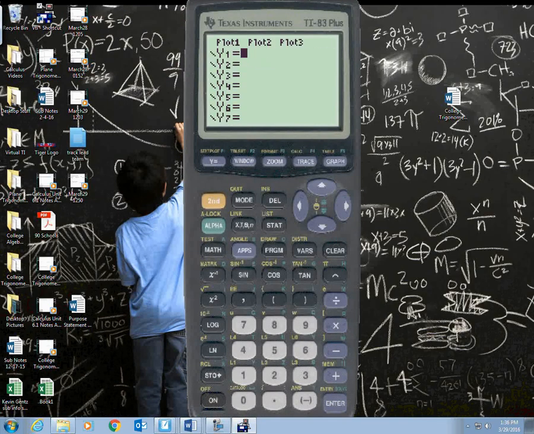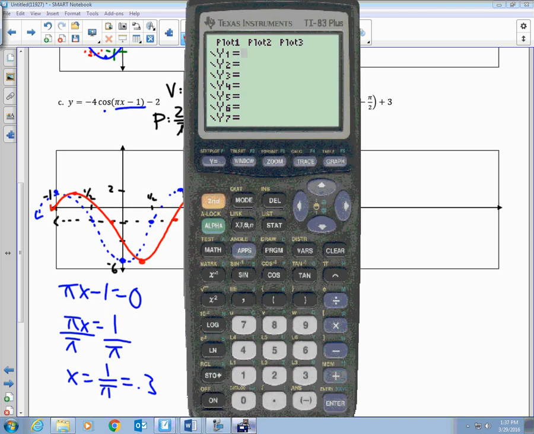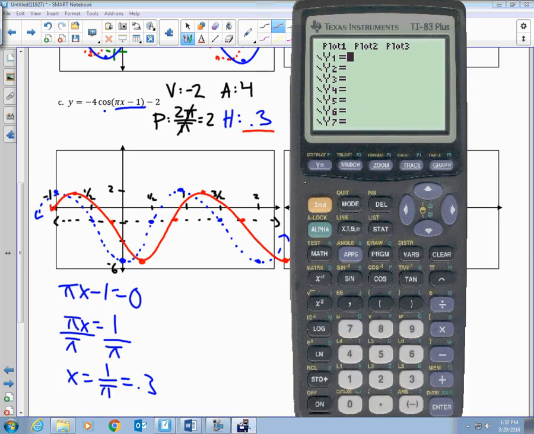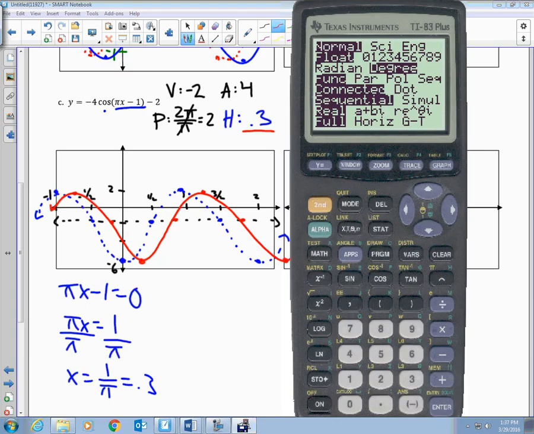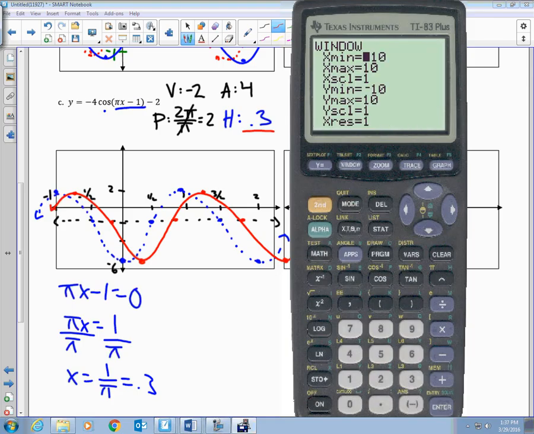I go to y equals. I'm going to type it in: -4 cosine of pi x minus 1 minus 2. And if you're graphing them, you're always supposed to be working in radians. And when I set up my window, I'm just going to look from -6 to +6 for my y values.